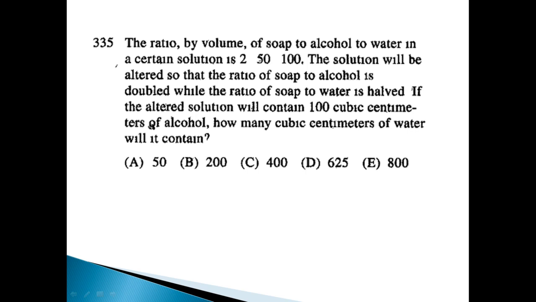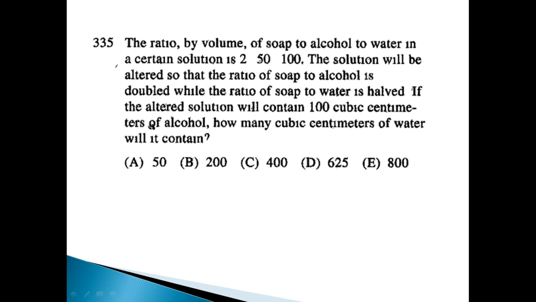Okay, so we know that the ratio given by volume of soap to alcohol to water is 2:50:100. So how do you write it down? This is the very basic of solving a ratio problem.